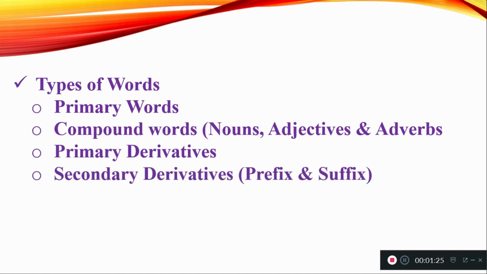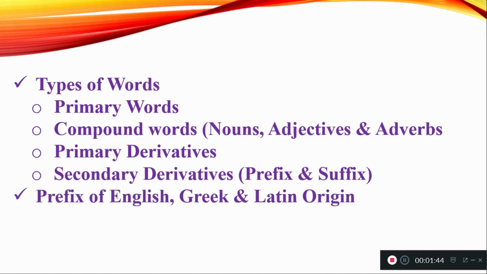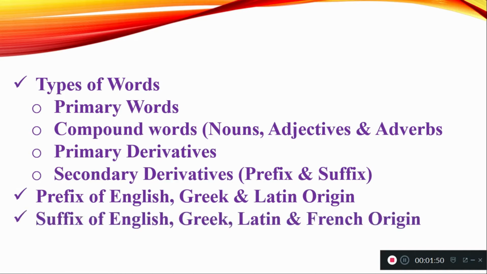In the compound words section, I shall discuss how compound nouns, adjectives, and adverbs are formed. In the secondary derivatives section, you will learn some suffixes and prefixes. I shall discuss the prefixes that have originated from English, Greek, and Latin language, and the suffixes that have originated from English, Greek, Latin, and French language.